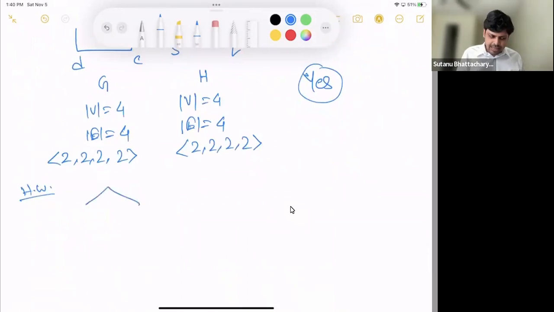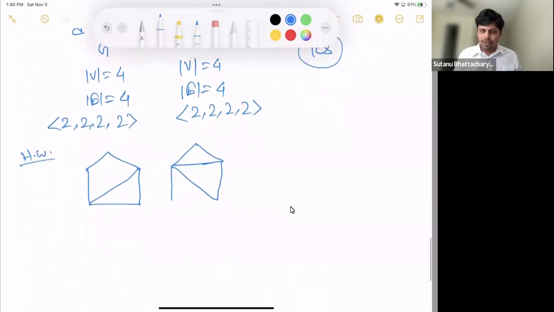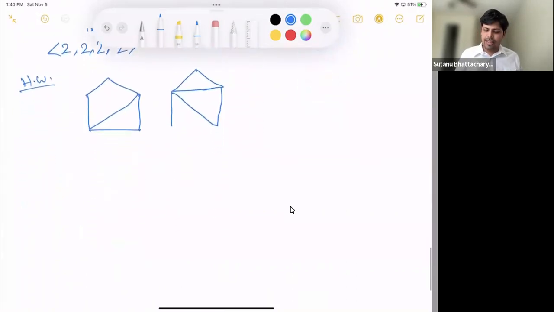Just see whether these graphs are isomorphic or not. This is one graph. This is another graph. Next topic, we'll talk about connectivity.